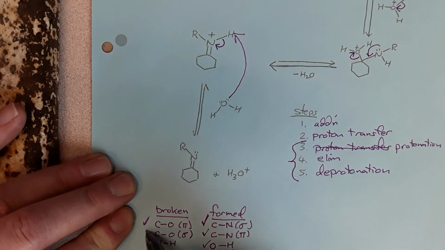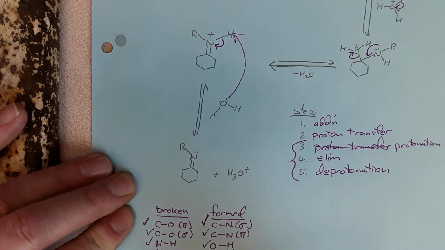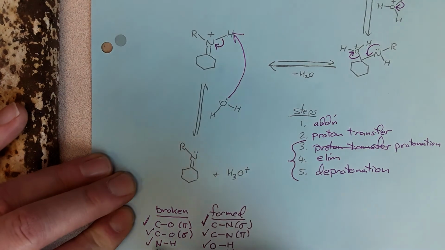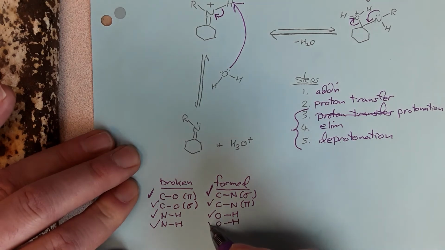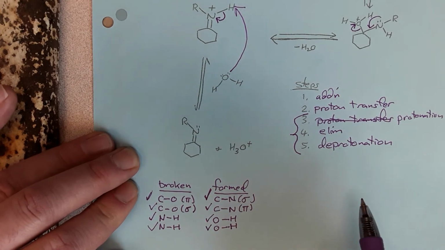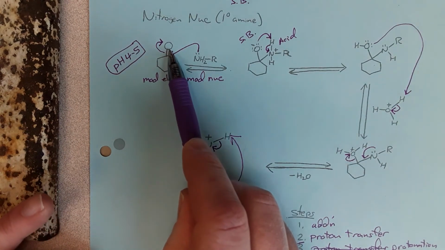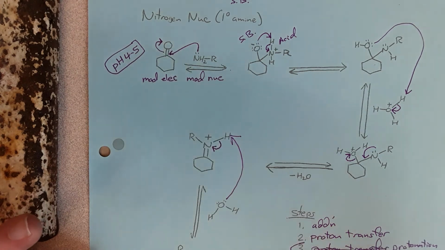We broke the CO bond when we lost water up here, and then we broke one NH bond earlier, and now we're breaking the second NH bond, and the OH bond is the second OH bond that we formed, the one forming water. So this original oxygen up here became water. We added one proton on there, we added another proton on, and then we kicked it out as water.